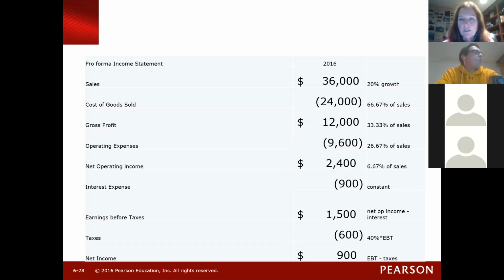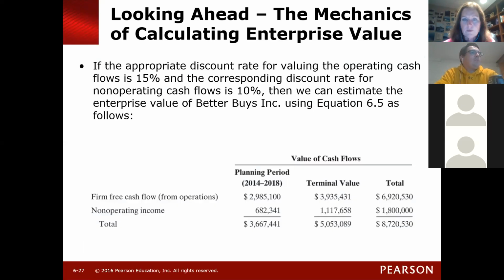I'm going to pop you into your breakout room so that you can work on problem 12 together. And it's actually taking some information and putting together a pro forma statement. So try to work on your own a little bit first, and then work together in your teams before you come back in together. And let me see if 12. About how much time do you think you need?